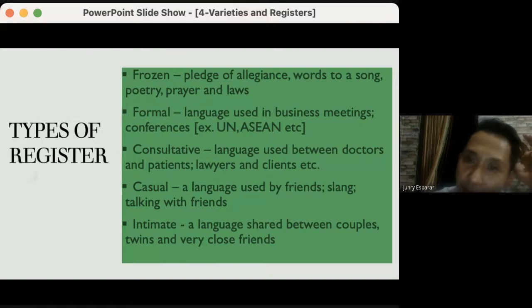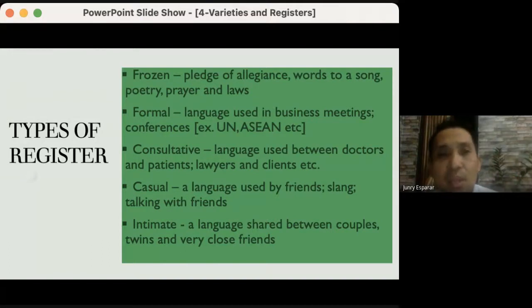And then the fourth one is casual. Casual is language used by friends, with slang, talking with friends. Of course, you cannot use that when you are talking probably with your mom. I mean, with your parents you sometimes can do that, but normally you say this with your friends, right?